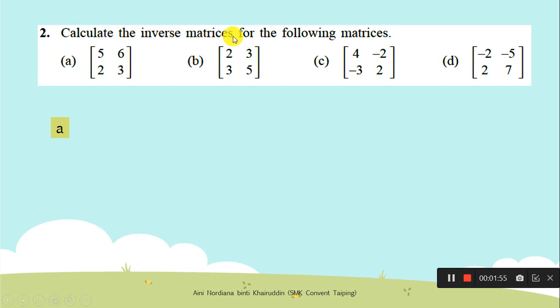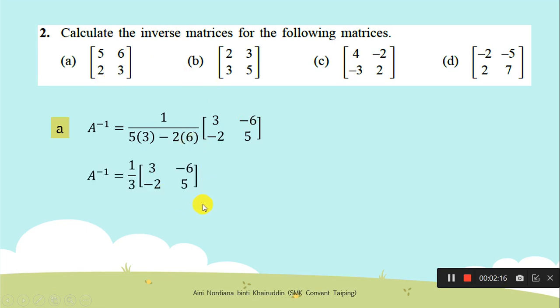Calculate the inverse matrices for the following matrices. So just use the formula 1 over AD minus BC, and change the position of A and D, and don't forget to add a negative sign in front of the elements B and C. So this is the solution.